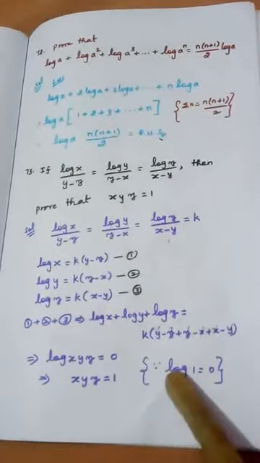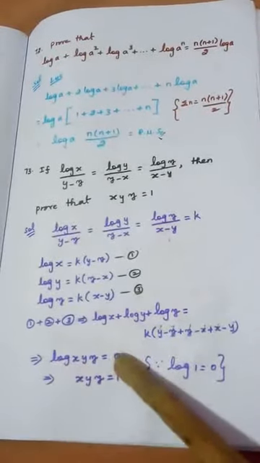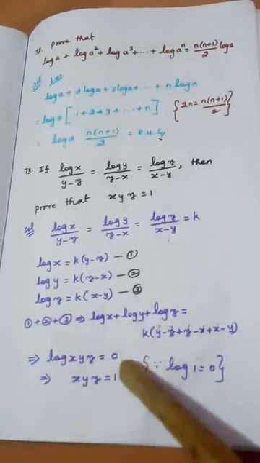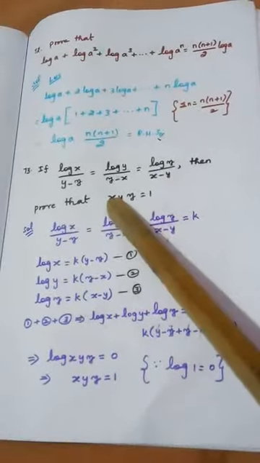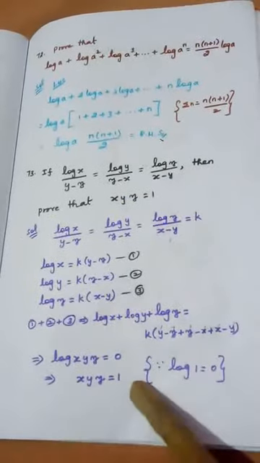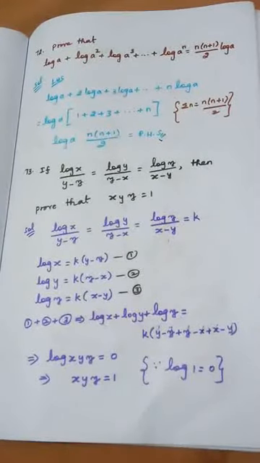Try to understand: we know log 1 equals 0, and now we are getting log xyz equal to 0. So xyz should be equal to 1. That is the result we needed to prove. Prove that xyz equals 1, and we have proved xyz is equal to 1. Moving on to the next sum.